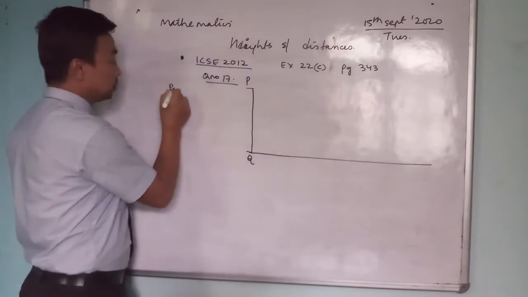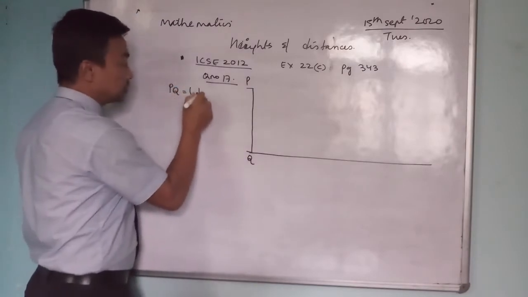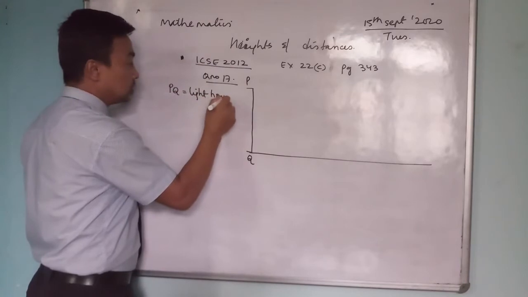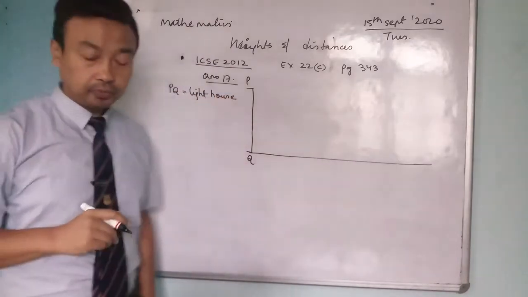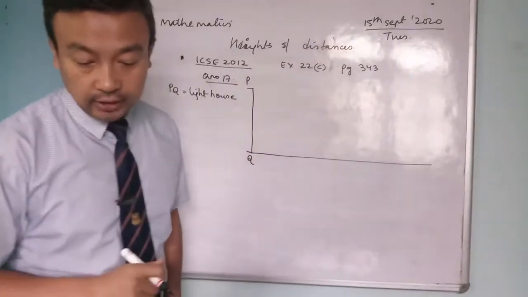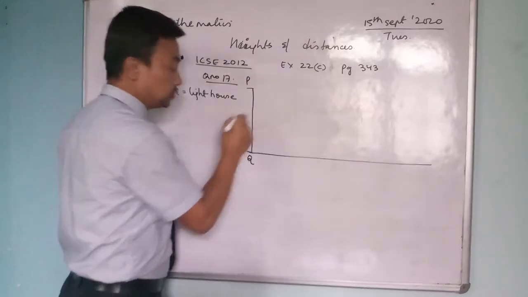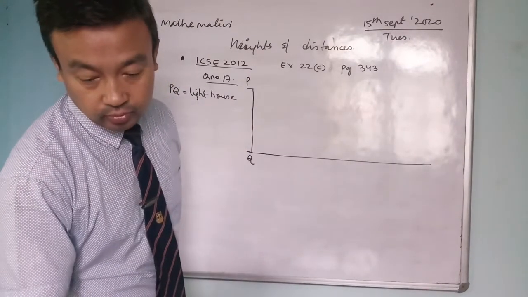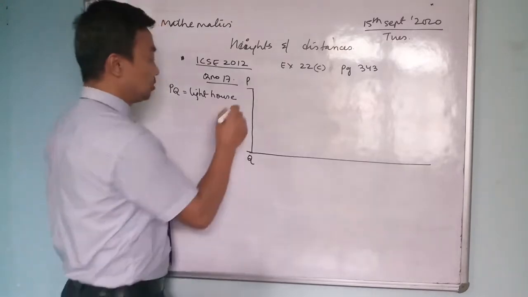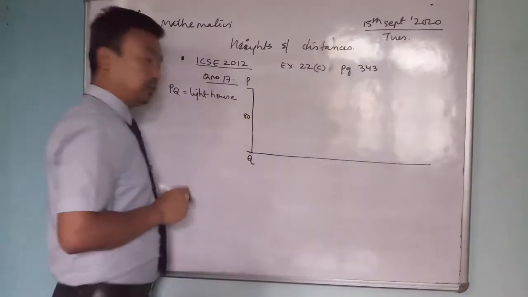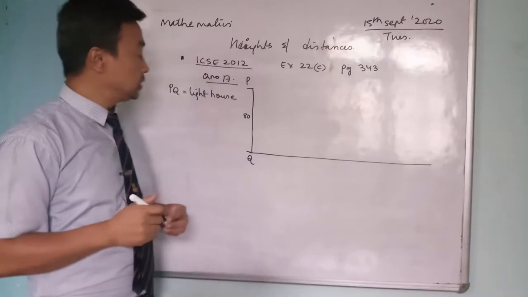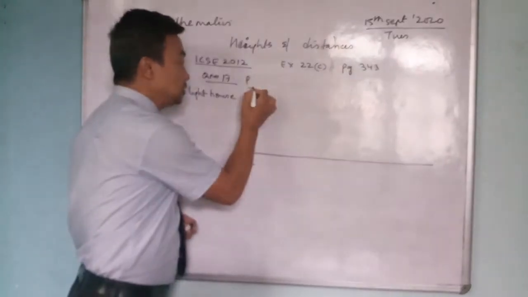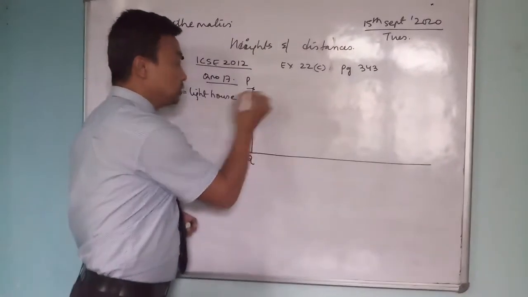So PQ is your lighthouse, and the height of the lighthouse is given to you, which is 80-meter tall. Now, from the lighthouse, this is your point of observation.